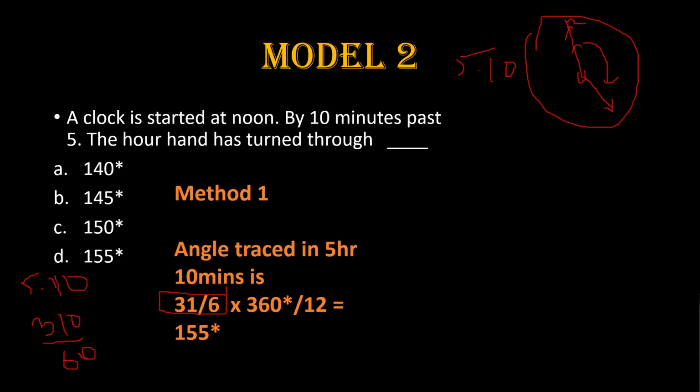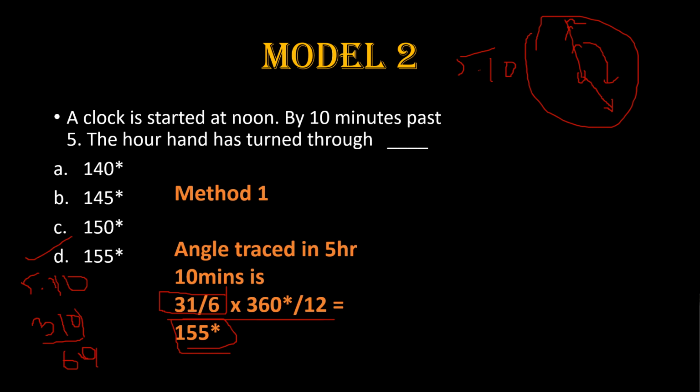So by solving this, you get 31/6. And this 360 divided by 12, you know that in order to complete the 360 degrees, the hour hand will take 12 hours. So they just divided 360 degrees by 12. So by solving this, you get 155 degrees as the answer.